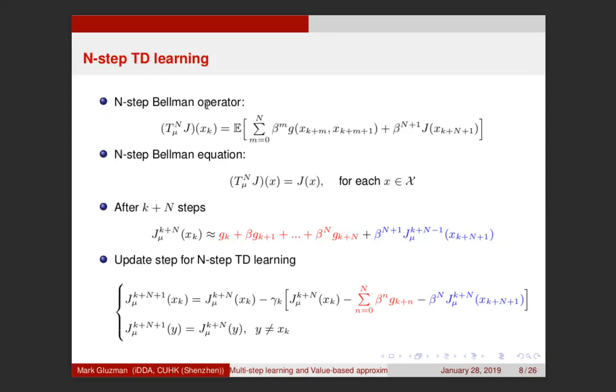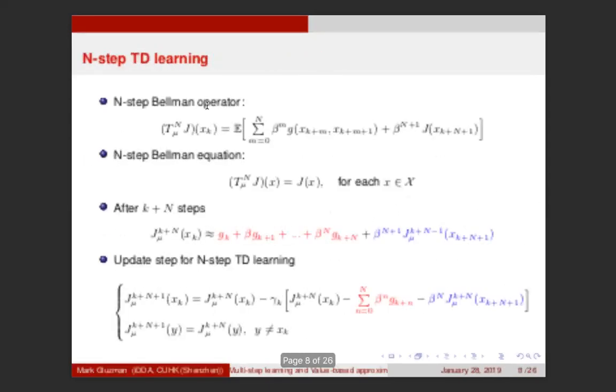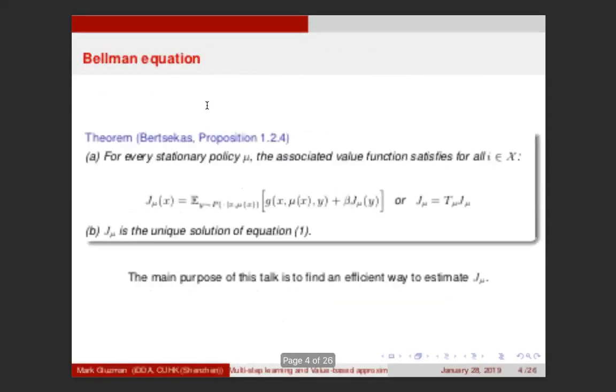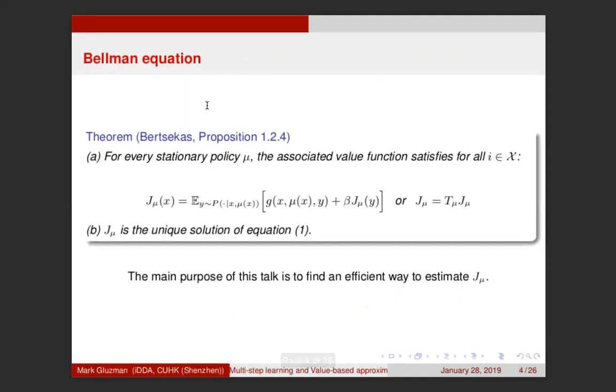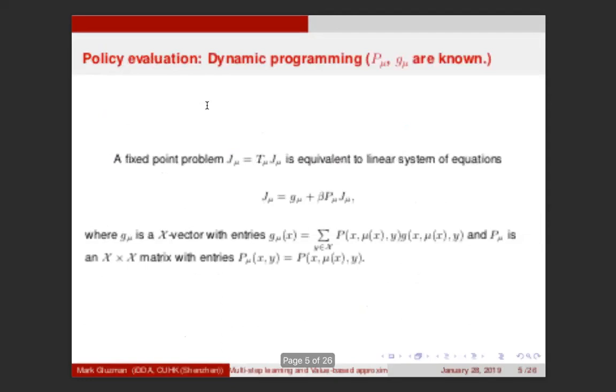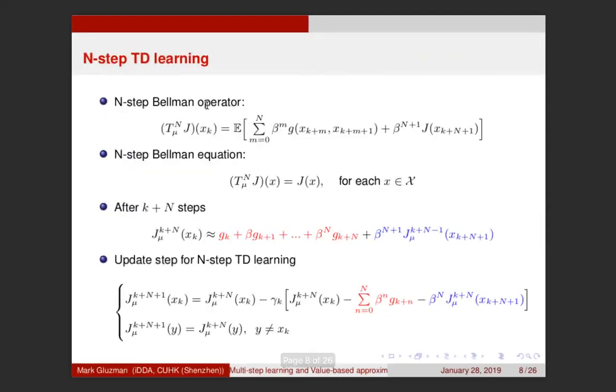Because in the n-step Bellman operator, we apply the operator T mu from both sides multiple times, n-1 times. So the solution of this n-step Bellman equation has to be the same as the one-step Bellman equation.